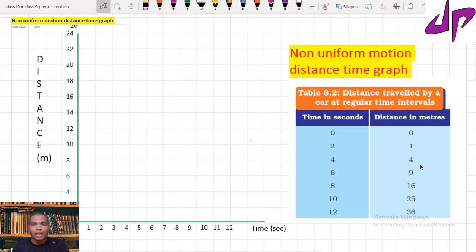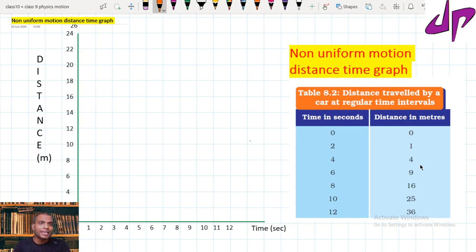The time interval is the same, but the distance in meters is different. So according to the definition, the object covers unequal distances in equal intervals of time. Now by using these details, we will plot the distance time graph.